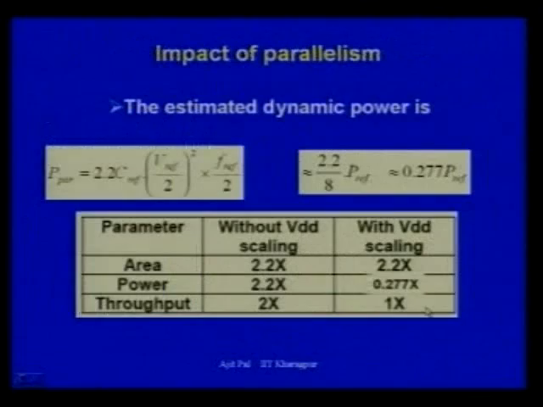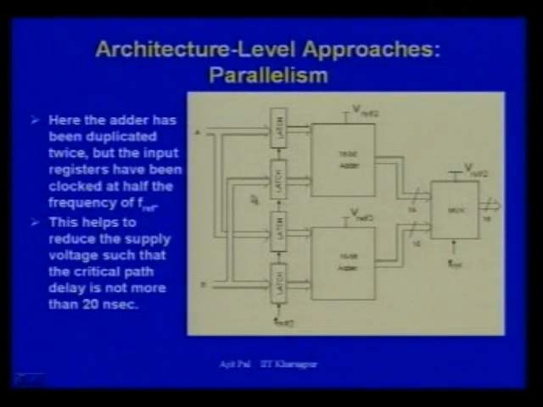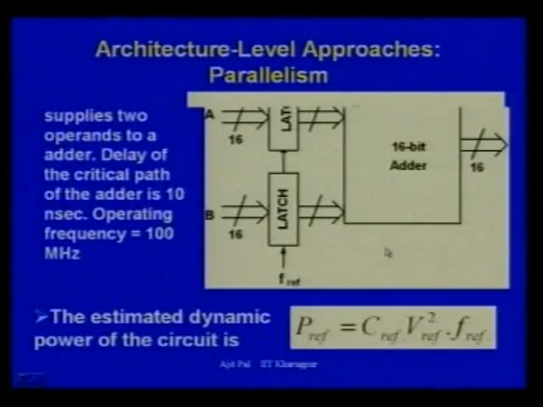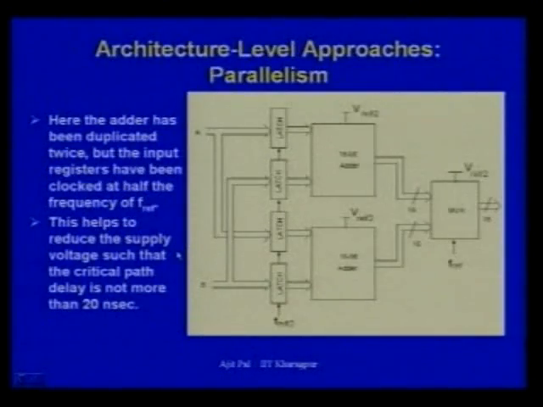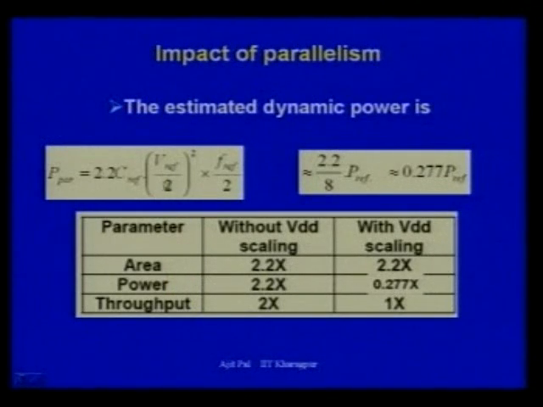So what is the outcome? You can see now in this parallel approach, your capacitance is increased because you have duplicated the circuit. Not only duplicated, you have added one multiplexer. So the capacitance has increased by a factor of 2.2. However, you have reduced the supply voltage by 2.